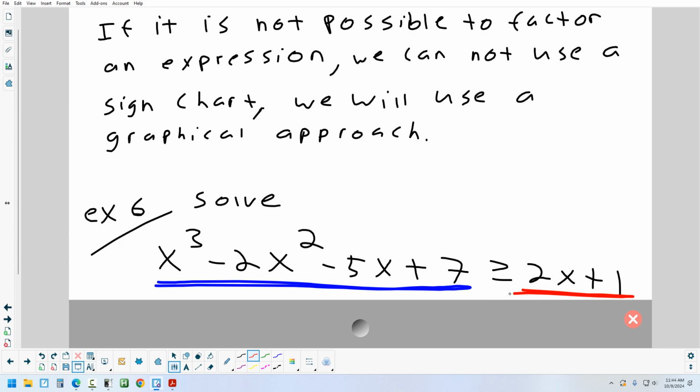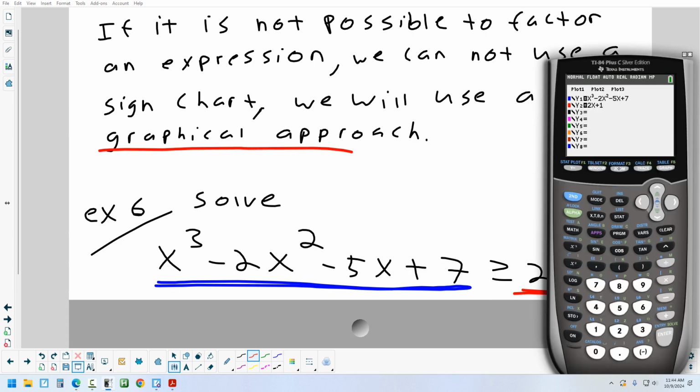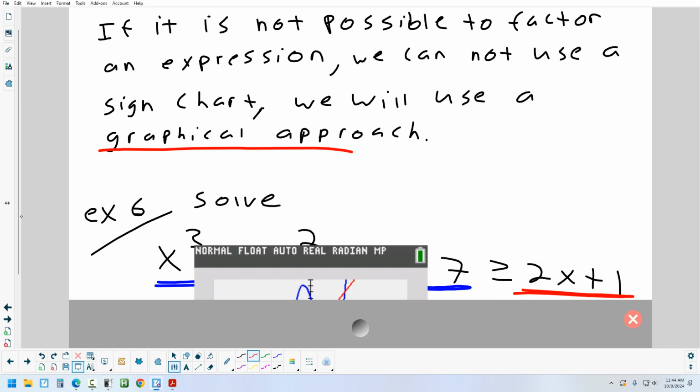Again, this is a cubic, so it would be very hard to factor unless something worked out special, so that's why we're just going to graph it. Okay, I will do zoom 6. And remember, the blue needs to be above or equal to the red. Okay, let's look at that.